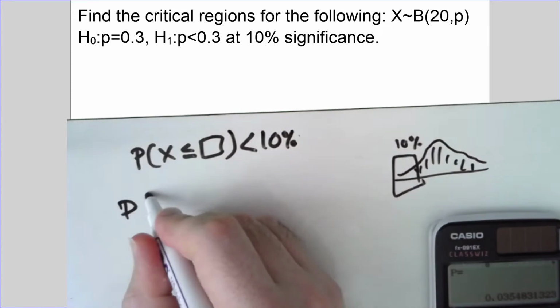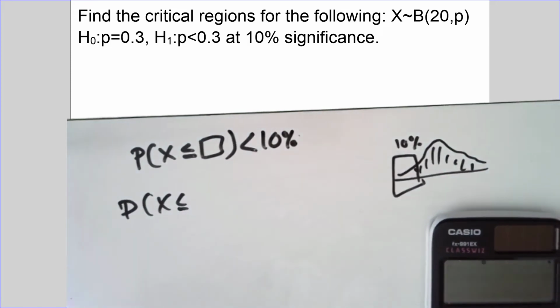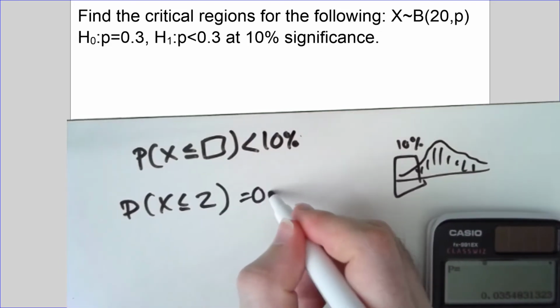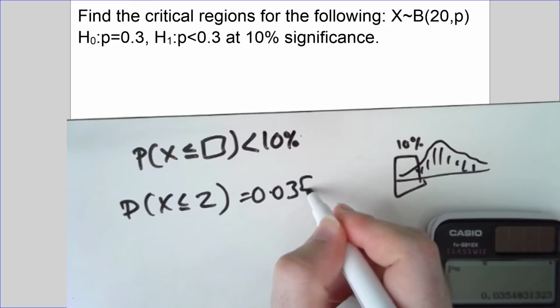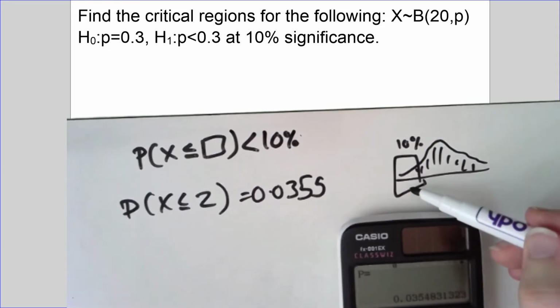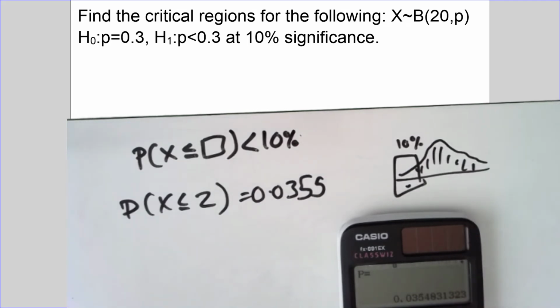So probability x is less than or equal to 2 is 0.0355. Now you'll notice I didn't do 1 minus, whereas in the previous example I did. This is because the calculator gives us this bit here, so it gives us less than or equal to as part of binomial CD.